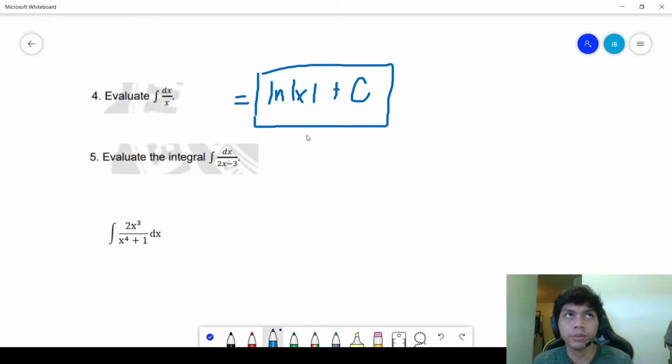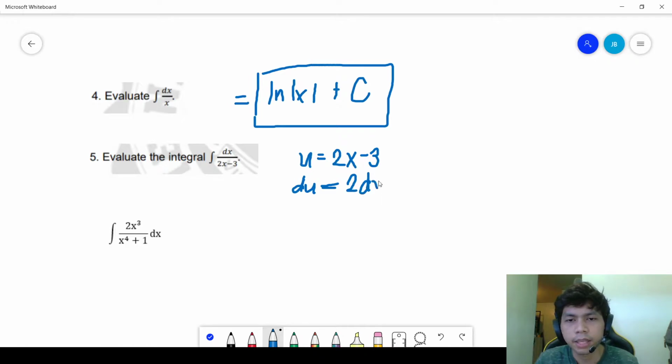So we already learned the u-substitution integration, right? So this one, you will let u be 2x minus 3. Now your du would be 2 dx, okay?